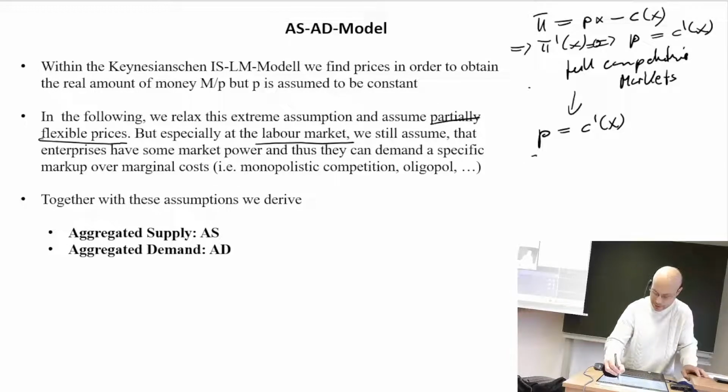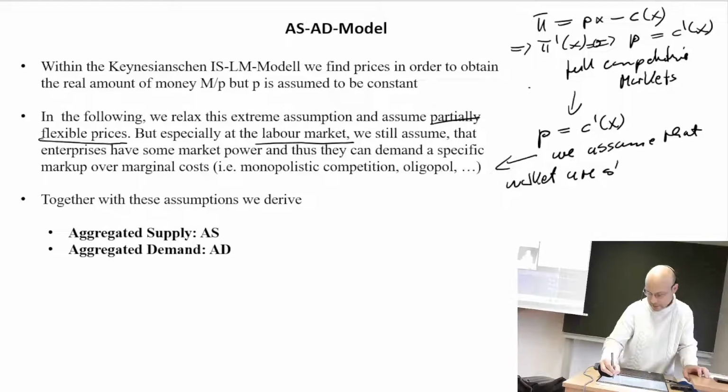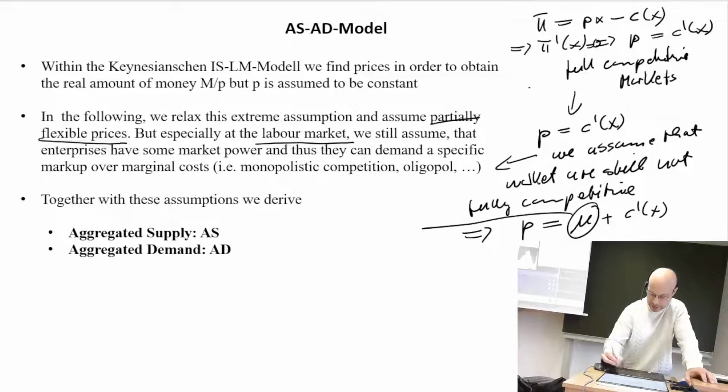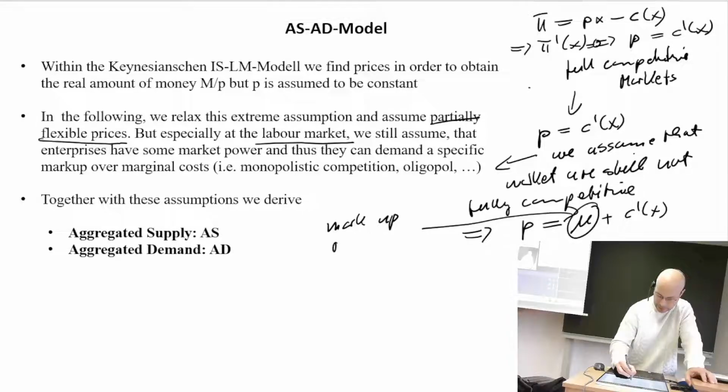And here we assume that markets are still not fully competitive, and this means that we assume that you can charge a price P is mu plus marginal costs, and this would be then the markup over full competitive prices.